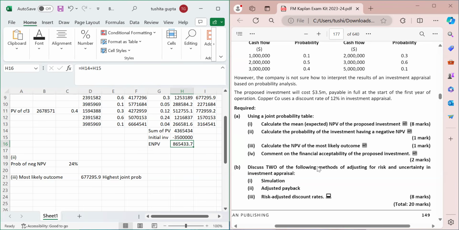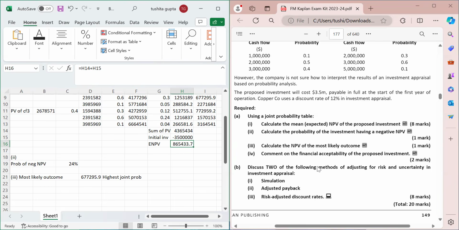Talking about adjusted payback, so basically if risk is increasing, uncertainty is there, the payback period can be shortened, so that you are considering for the high risk that is there over here. So if you talk about the adjusted payback, you are calculating a payback according to the discount rate.